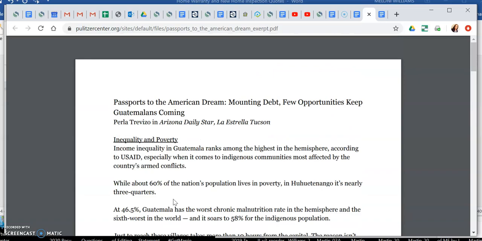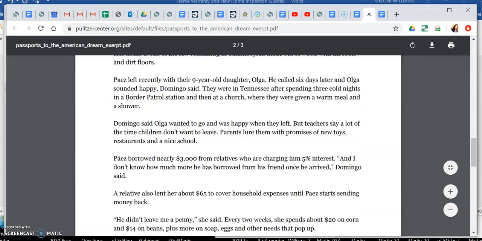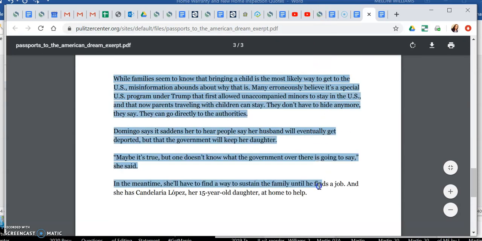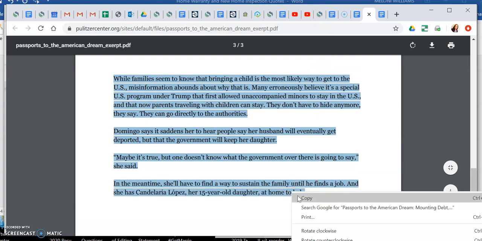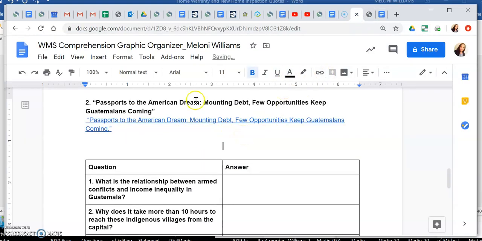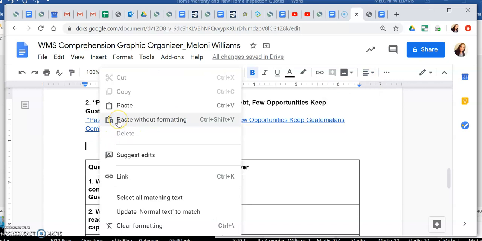You remember you want to select the article all the way to the bottom and right click copy, and then when you go back to your assignment, you're going to navigate your cursor so that it is between the article title up here and the questions and answers down here. And then you're going to align it so it's left, and you're going to right click paste without formatting.